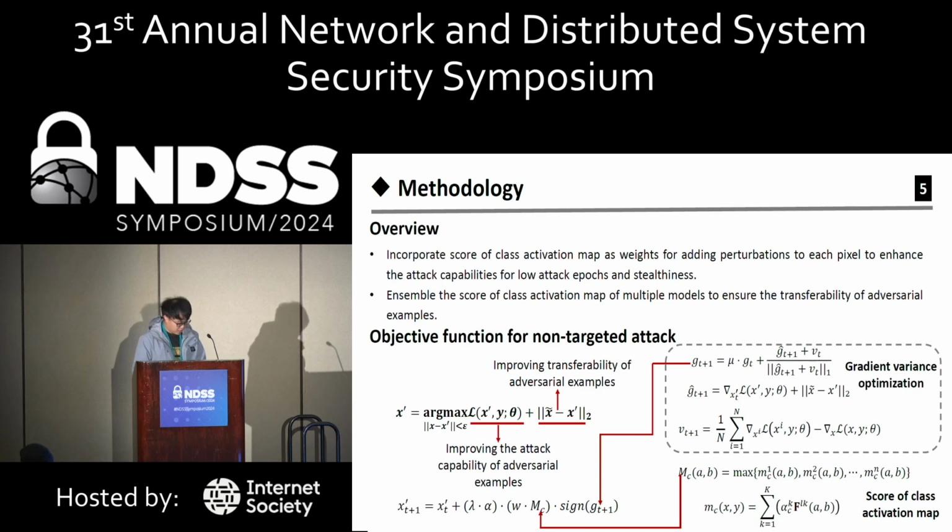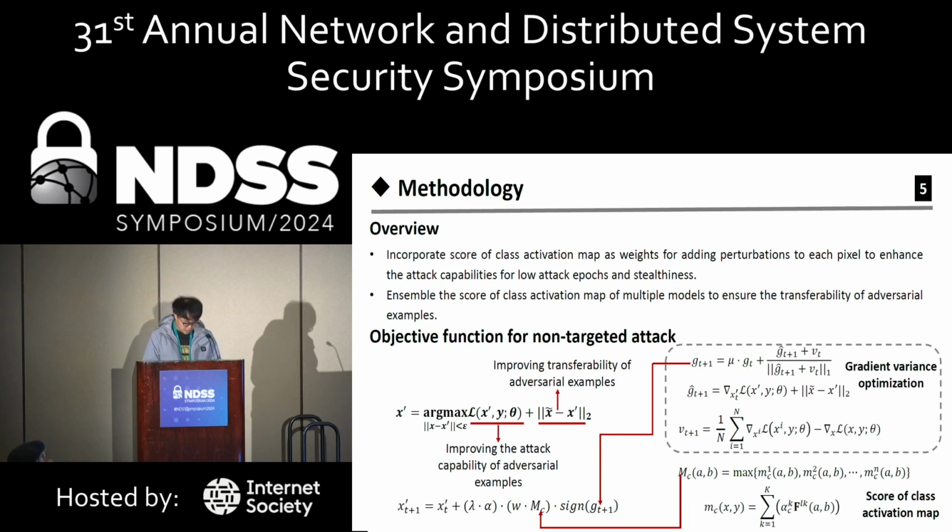We incorporate the CAM score as weight for adding perturbations to each pixel, enhancing the attack capability for low attack epochs and stealthiness. Additionally, we improve the transferability of adversarial examples by ensembling CAM scores from multiple models.